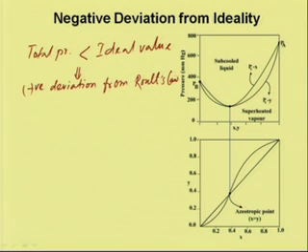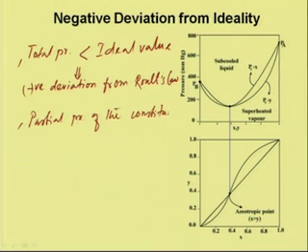And in these cases, the partial pressure of the constituents would be less than the ideal value.